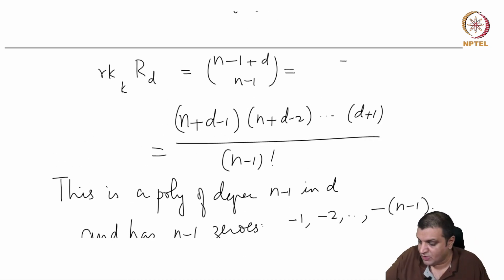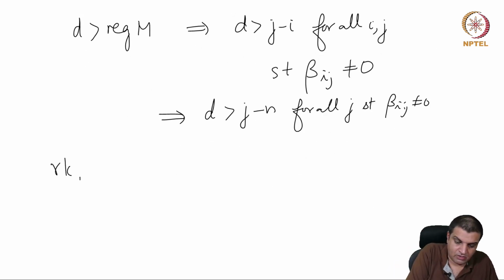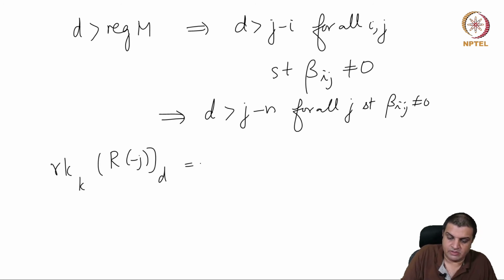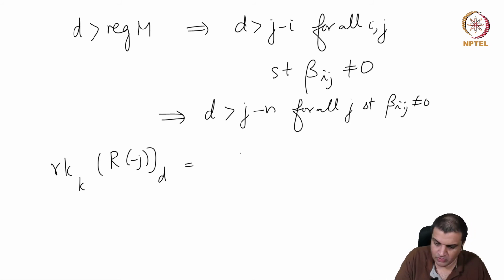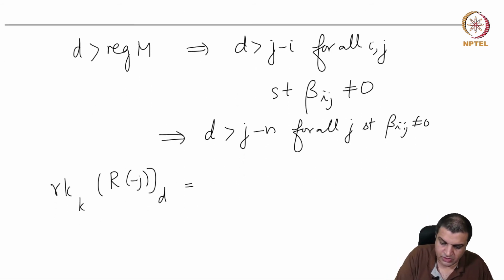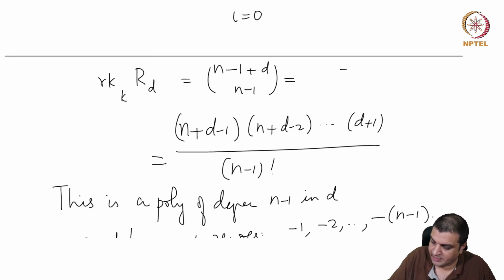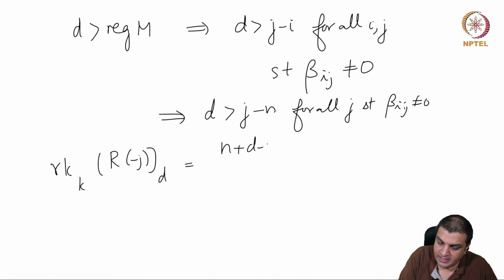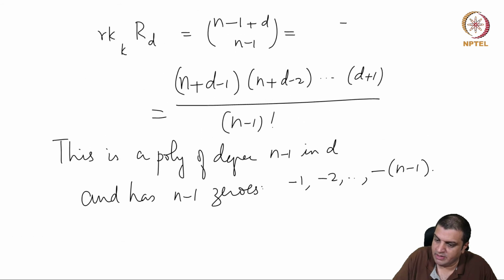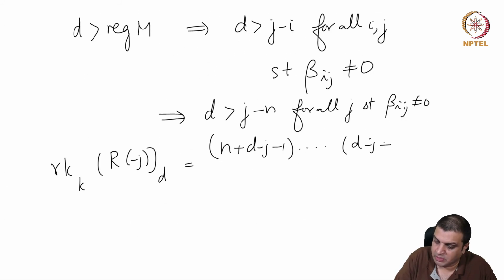What is the rank in degree D of R(minus J)? The rank over K of R(minus J) in degree D is the same thing as the rank of R in degree D minus J. So we can put that in this expression: (D minus J plus n) times (D minus J plus n minus 1) all the way up to (D minus J plus 1), divided by n factorial.